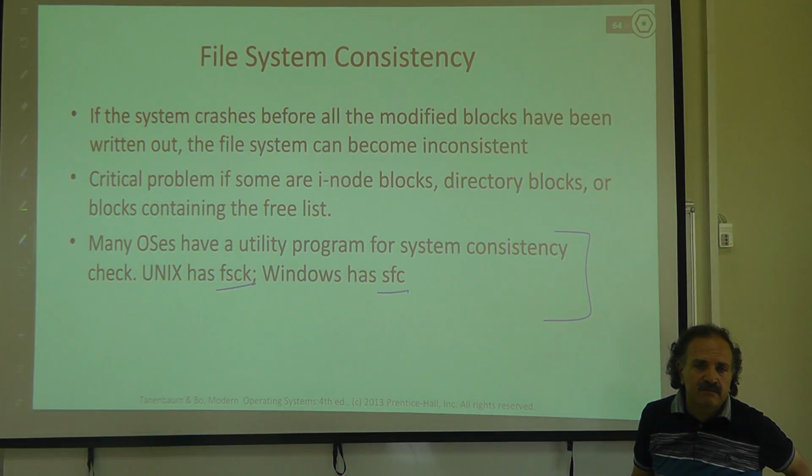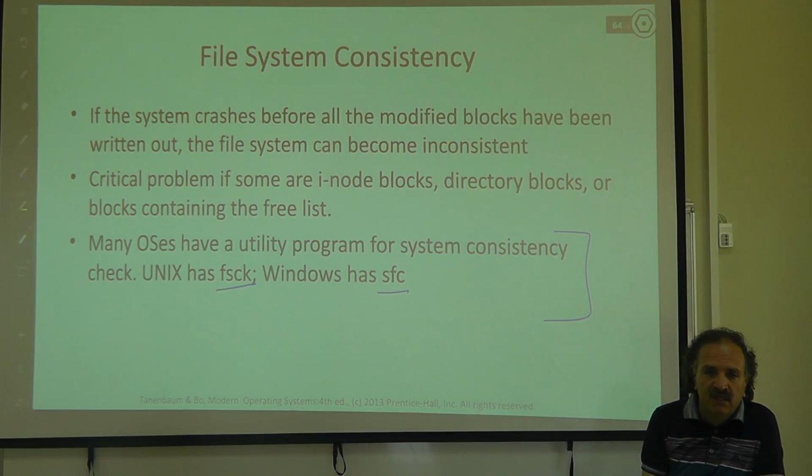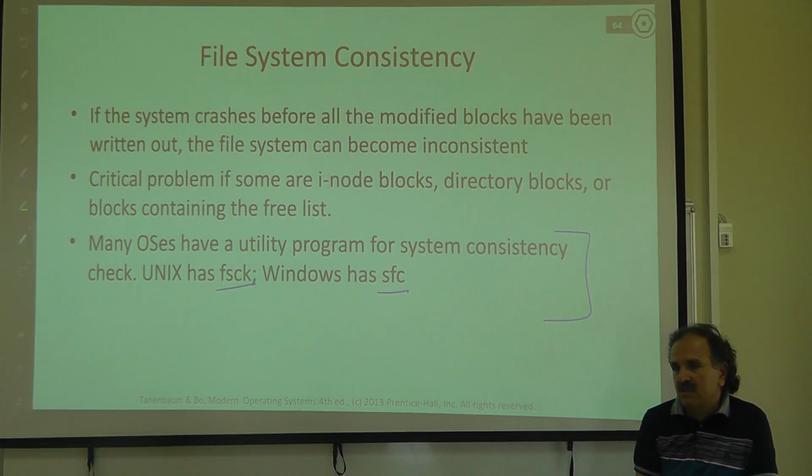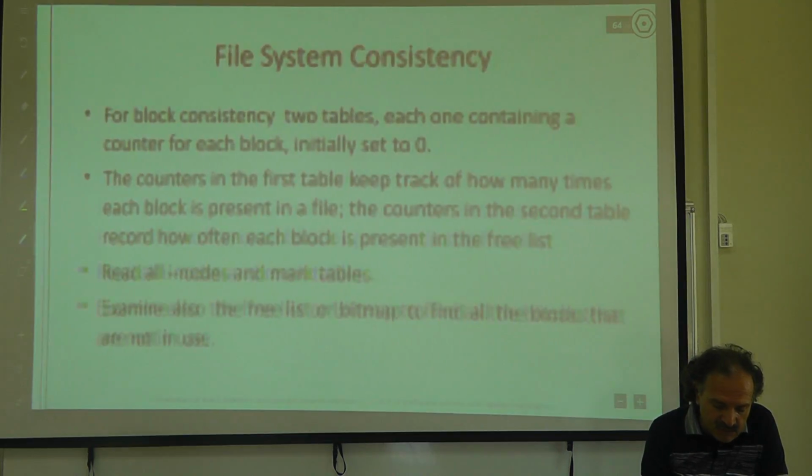What is that question? It says, should I start Windows normally, or should I do some file checking, right? It thinks that since the system has crashed, it shut down inappropriately. There could be some problems with the disk. So let's check if the file system is consistent. That's what we call file system consistency and how to check it. Okay.